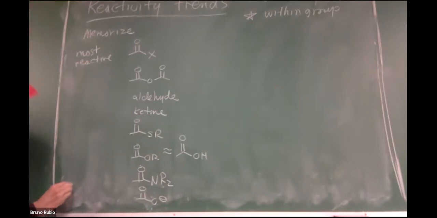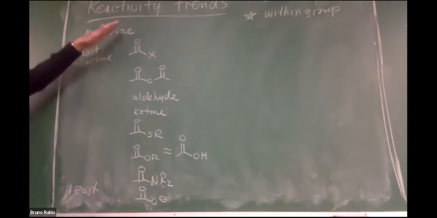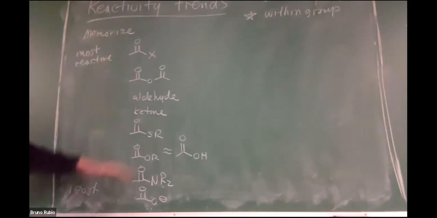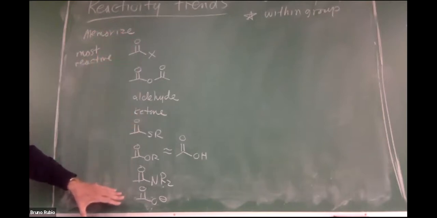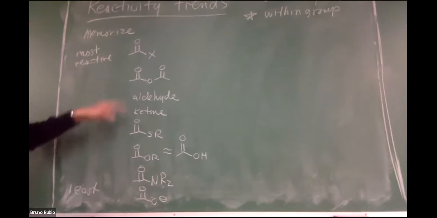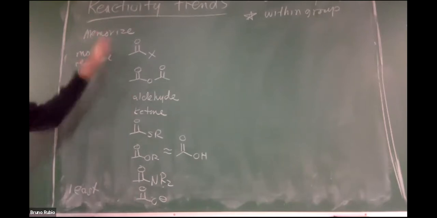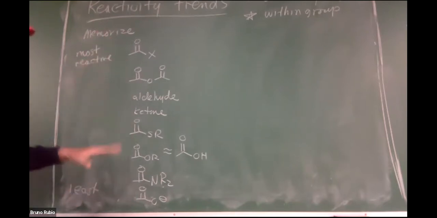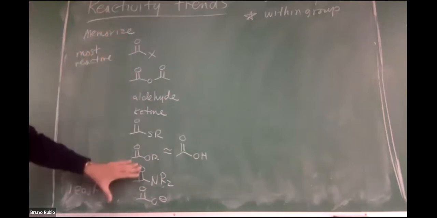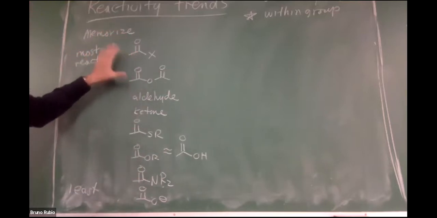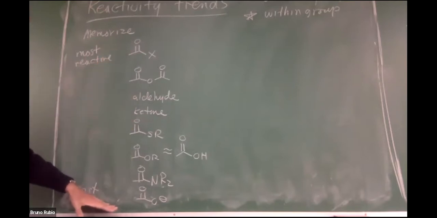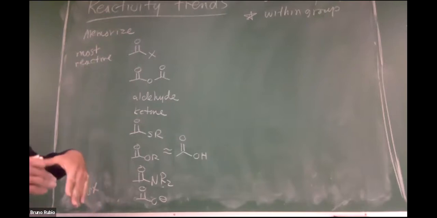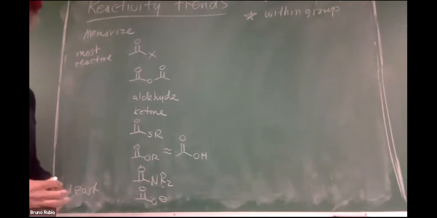These are the least reactive. So this is the reactivity ladder, the order of reactivity exhibited by the acyl derivatives, with the aldehydes and ketones that aren't acyl derivatives just thrown in. We would like to be able to explain why this reactivity ladder is the way it is, and then talk about consequences of the reactivity ladder.